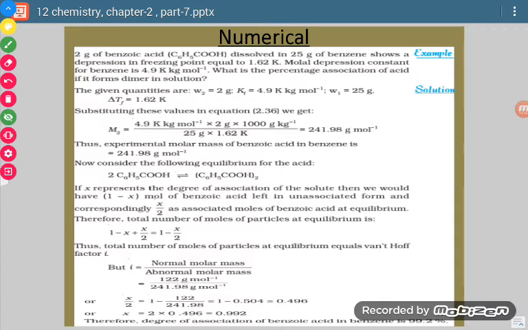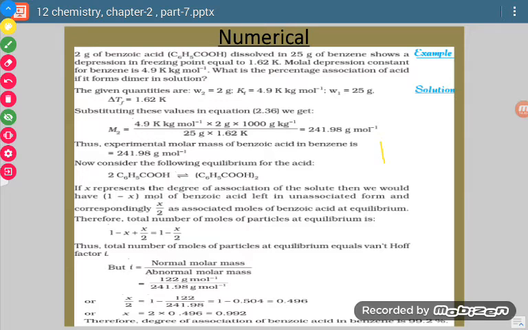Now see, in the case of benzoic acid there is association. Now suppose the degree of association is x and 1 mole is in the beginning. Out of 1 mole, x moles undergo association. Then what will happen?